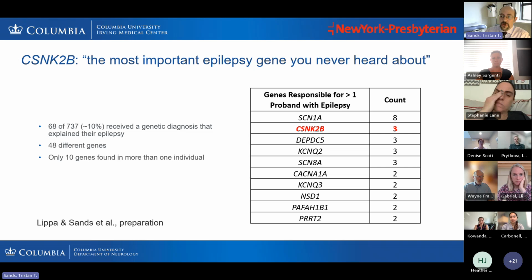So this is exactly what I was talking about before, where there's all kinds of different genes that can cause epilepsy and neurodevelopmental disability. Only 10 of those genes were seen in more than one individual. So among the rare, there were some more common.